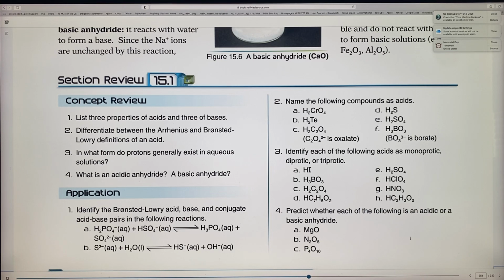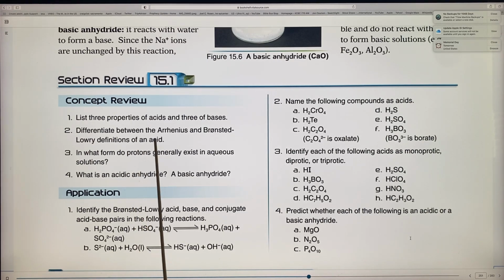It says differentiate between Arrhenius and Bronsted-Lowry. Arrhenius has to do with hydrogen, H, and OH. Basically, if it produces hydrogen, it's going to be an acid. If it produces hydroxide, it's going to be a base. That's the Arrhenius. Now the Bronsted-Lowry accepts a proton. When it accepts a proton, basically accepting the proton of hydrogen, it's going to become more hydrogen, right?